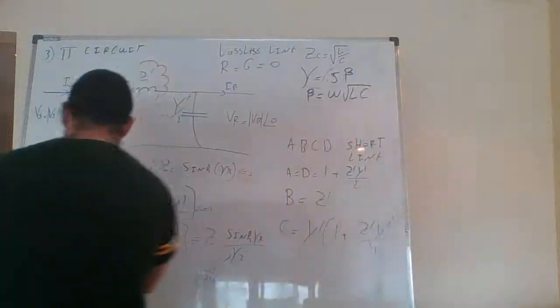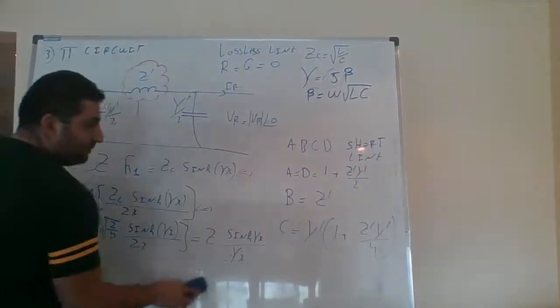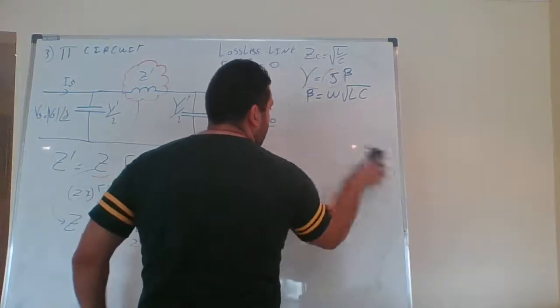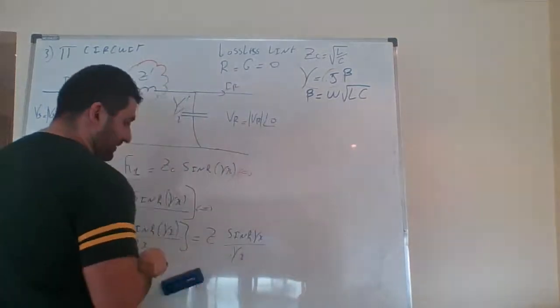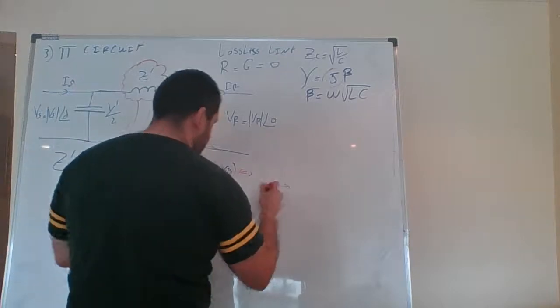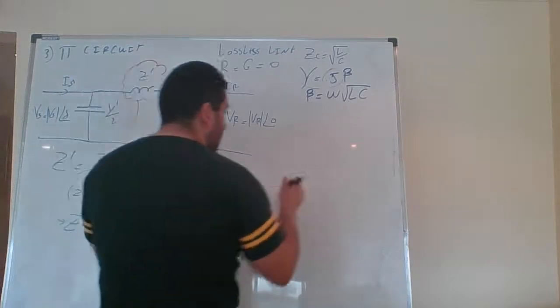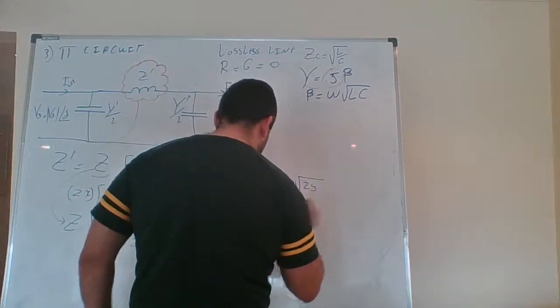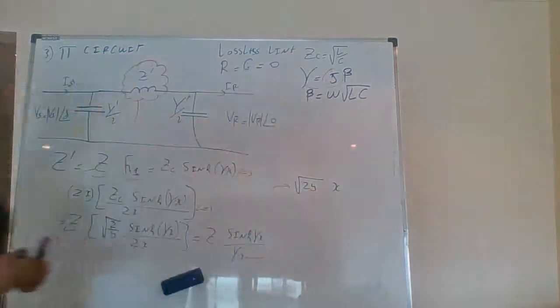Remember guys, this lambda, put it here so it can be clear. This lambda is the square root of zy times the distance.